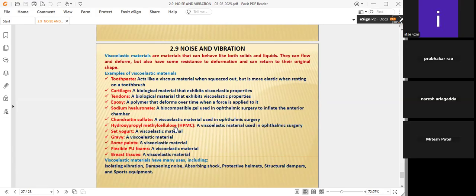Some of these materials will also be installed in the walls themselves during construction. Viscoelastic materials have many uses, including isolating vibration, dampening noise, absorbing shock, protective helmets, structural dampers, and sports equipment.